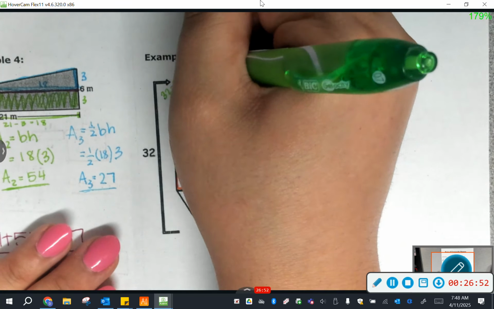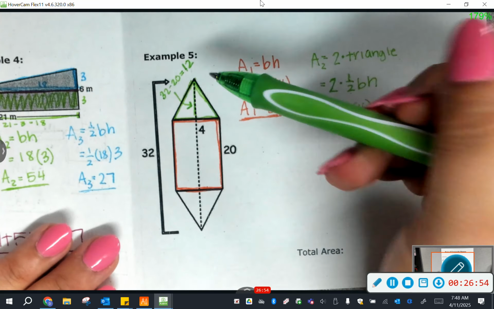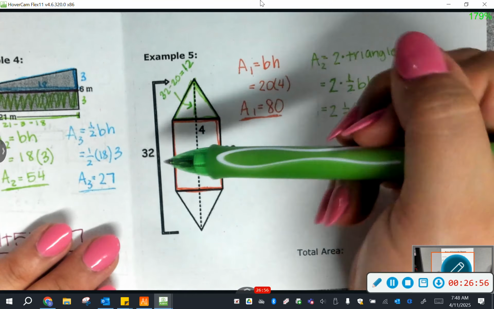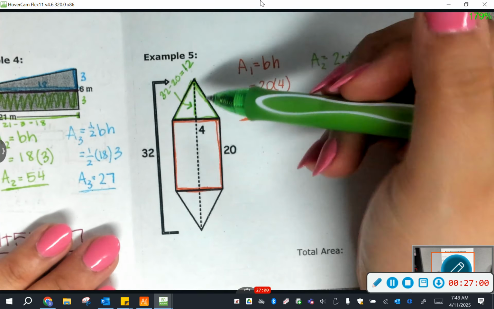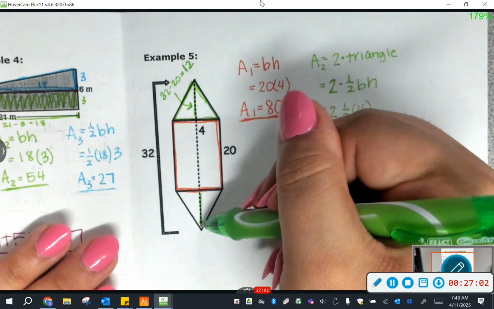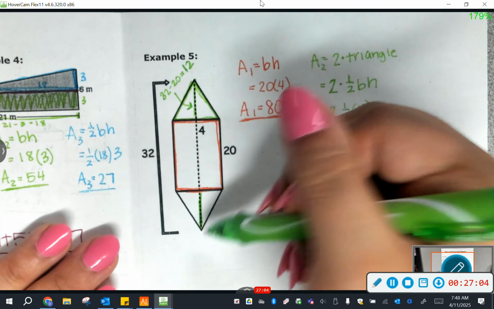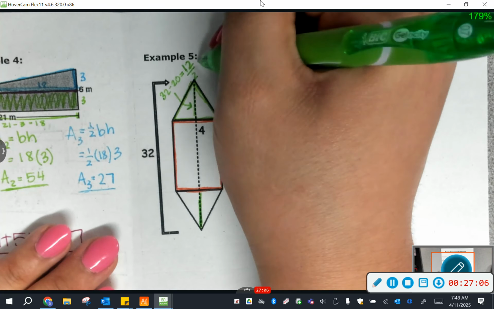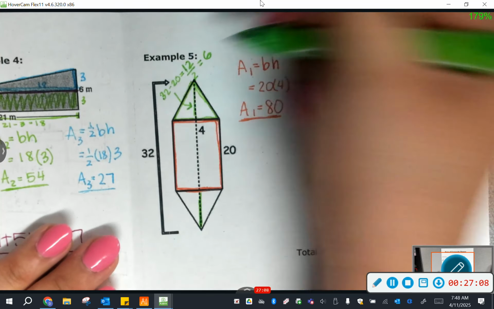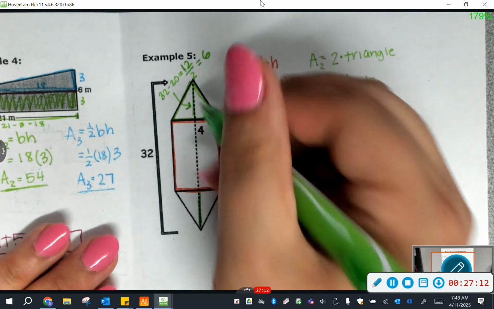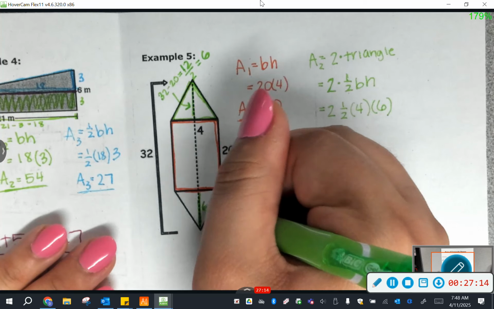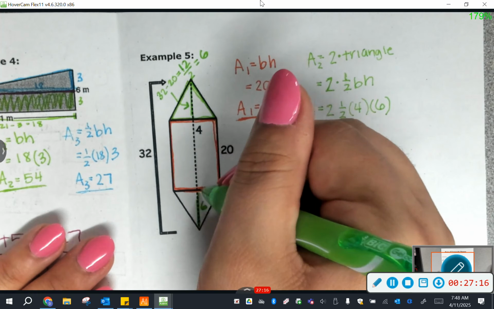Why are you dividing by 2? Because there's 2. Y'all do a very good job at subtracting. We forget to divide by 2. Because do y'all agree there's a height over here as well? So dividing by 2 gives us 6. That is the height. This height is 6 and this height is 6.